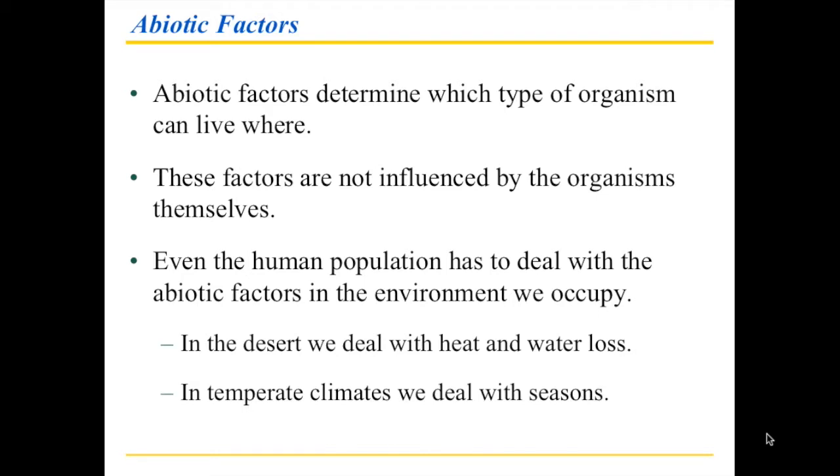In more temperate climates, this is of course what's happening now on the East Coast, you don't have that problem with excessive heat, but you have to deal with seasons, which at some point might dump a load of snow on you. So clearly, abiotic factors are sometimes very difficult to deal with for organisms, and these organisms therefore have to be adapted in a certain way to their environment, or the abiotic factors may overcome them.